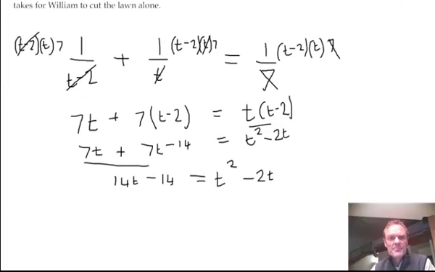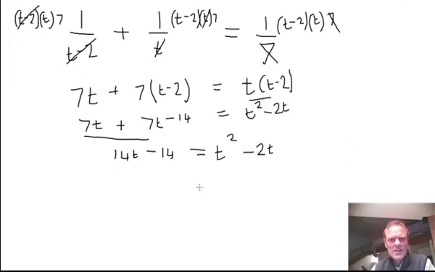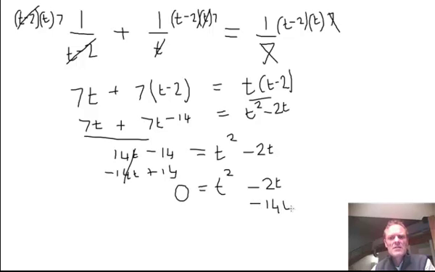Let's just move it down a bit. The t squared is on the right, so that's where I'm going to leave it. I've still got that. So to put it equal to 0, I'm going to have to take away a 14t and add a 14.